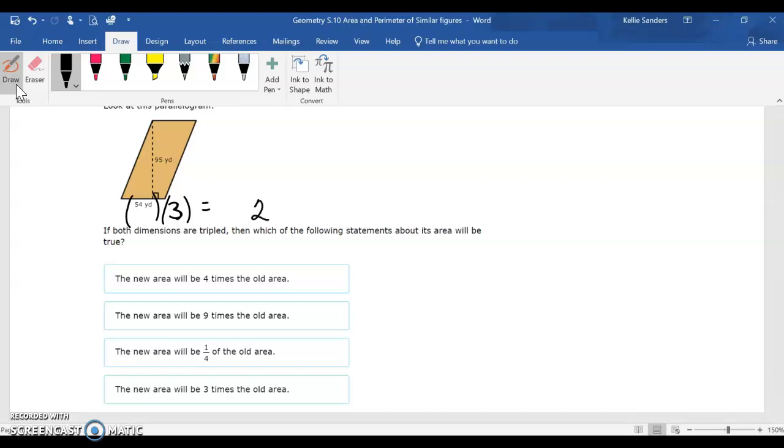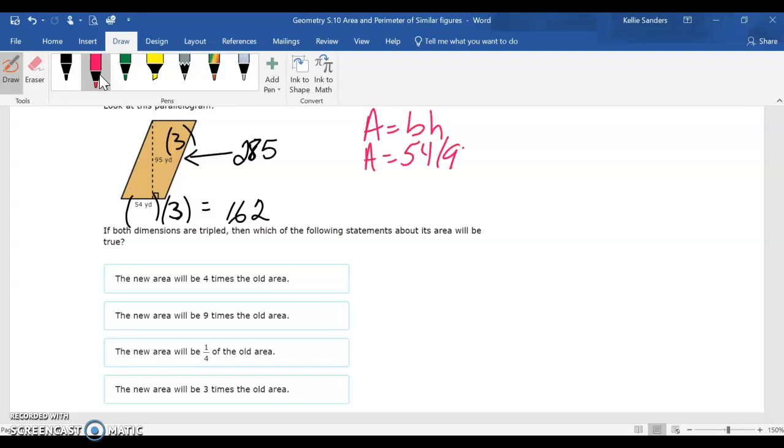I get 162. If I multiply this by 3, then I get 285. Okay, so for the old parallelogram, how do you find the area of a parallelogram? Base times height. So I'm going to do 54 times 95.